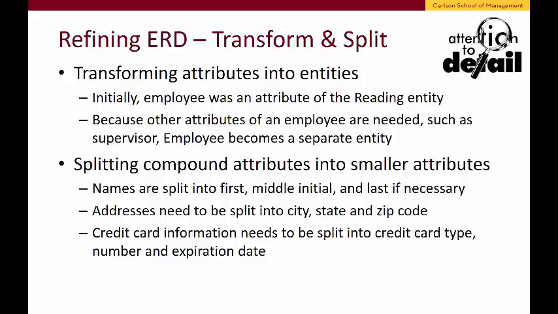Because other employee attributes such as supervisor, home address, or local office for more efficient dispatch may be needed in the future, the employee becomes a separate entity. Names, addresses, credit card info, and similar compound attributes should always be split into their component attributes for easier search and analysis.